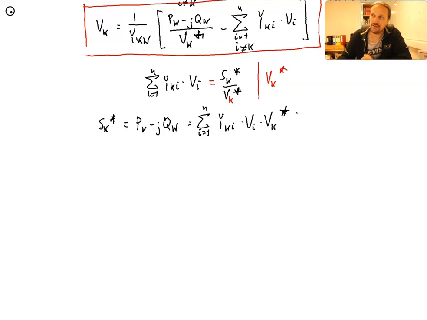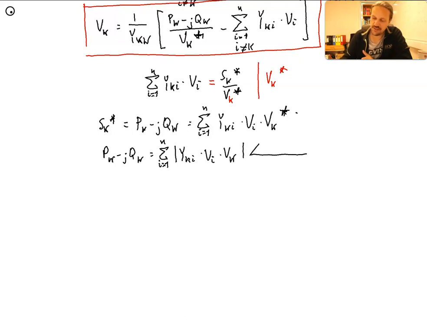And the way to do that is to apply polar form. So I can simply state here that PK minus JQK is equal to the sum of all of this, from 1 to n, of the magnitude of YKI times VI times VK, and then I solve the conjugate with taking the angle to all of this.